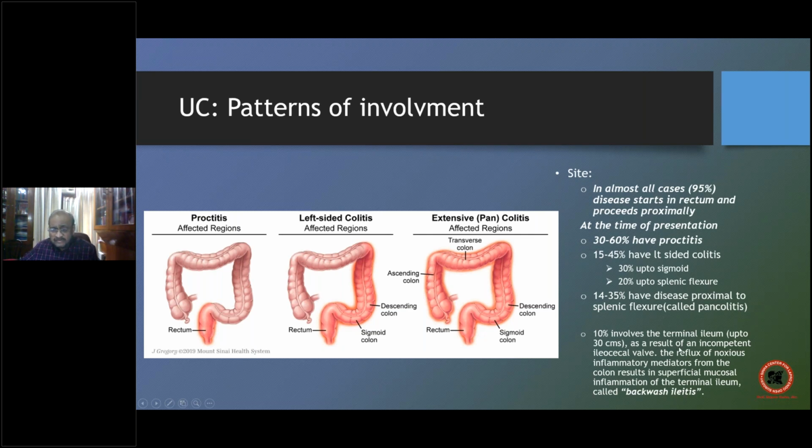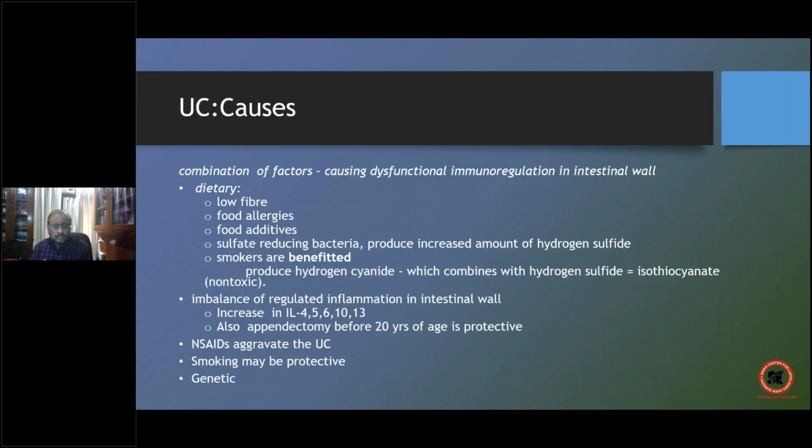So this reflux of the noxious inflammatory mediators from the colon into the ileum leads to superficial mucosal inflammation of the terminal ileum known as backwash ileitis. So backwash ileitis is nothing but a part of the ulcerative colitis.